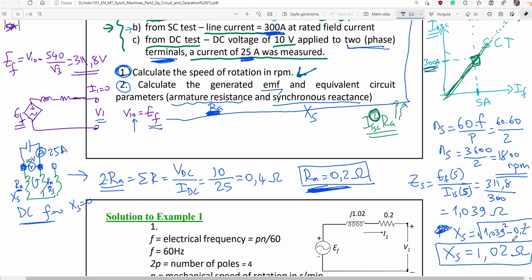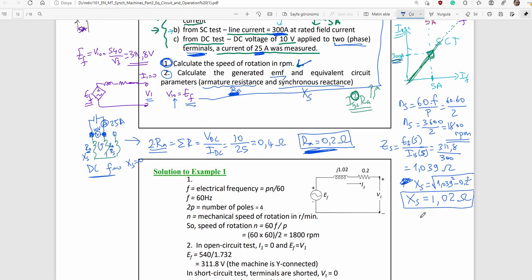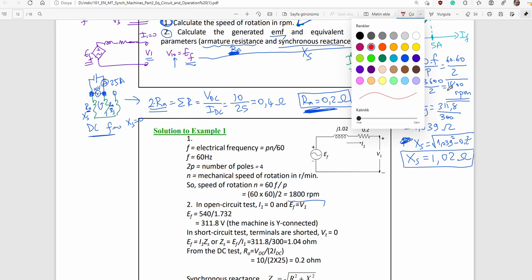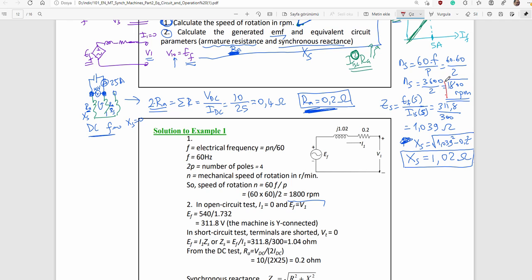Let's check the given results here. That is the speed we have already calculated here. That is the speed we have found. Okay, and then here is EF, 311.8.